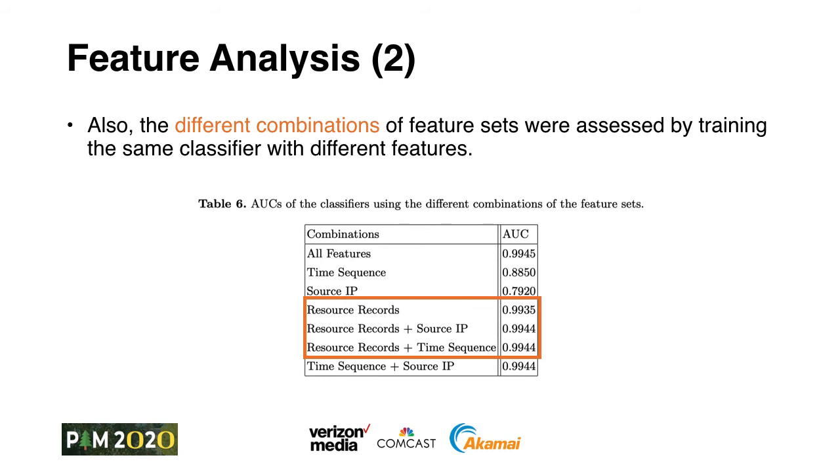Then, different combinations of feature sets were assessed by training the same classifier with different features and checking their performance on the training set. We also noticed that the resource record set is essential.